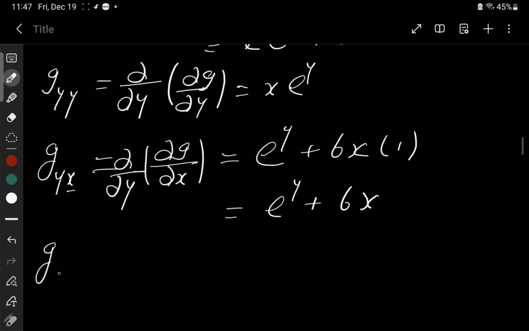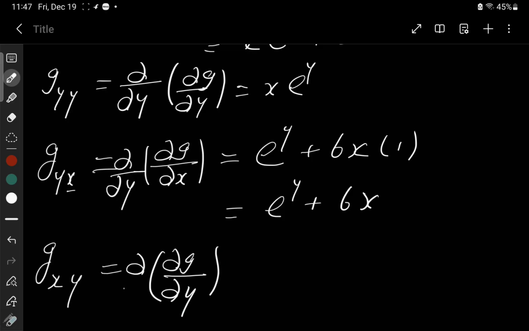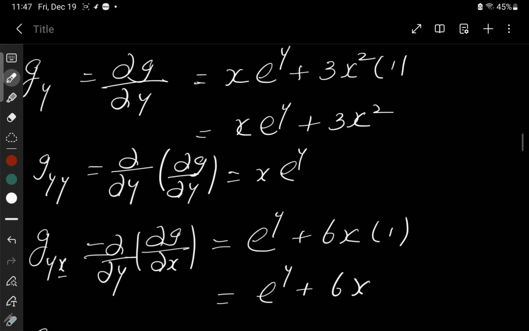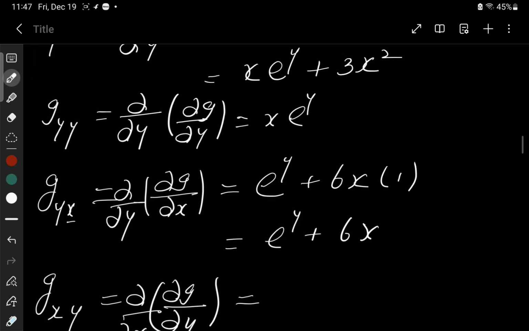Then gxy: differentiate this dou g by dou y with respect to x, dou by dou x of. So dou g by dou y is this. With respect to x, we have to do.